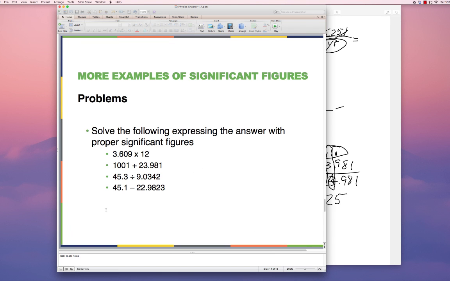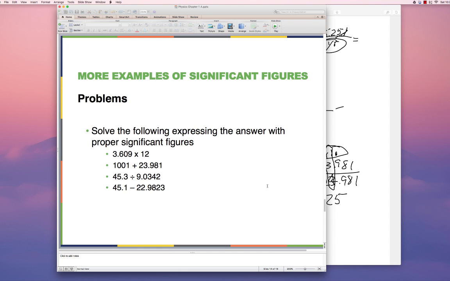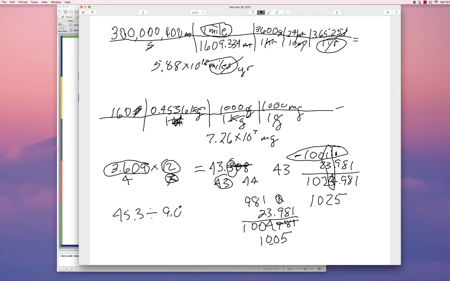Let's look at another one. We've got 45.3 divided by 9.0342. So 45.3 divided by 9.0342. You get 5.0142791.